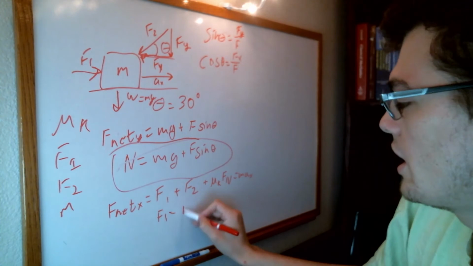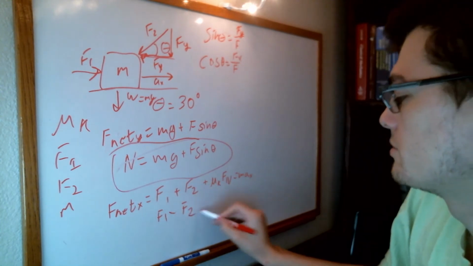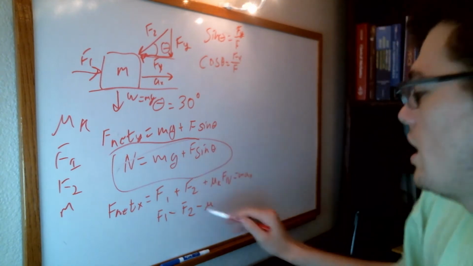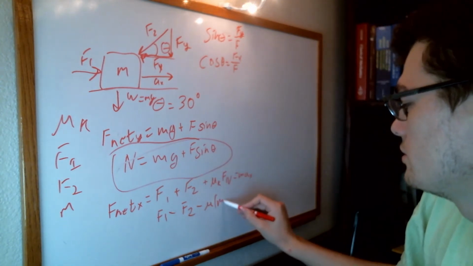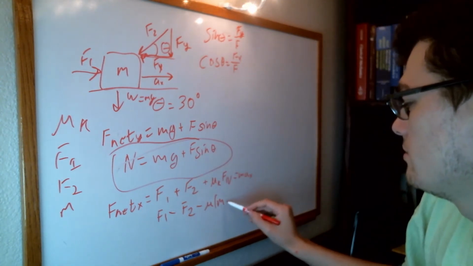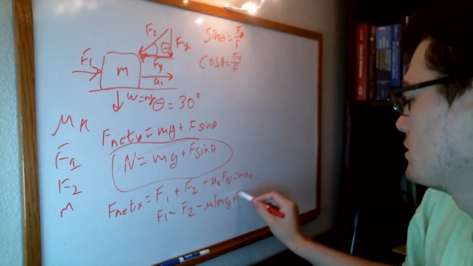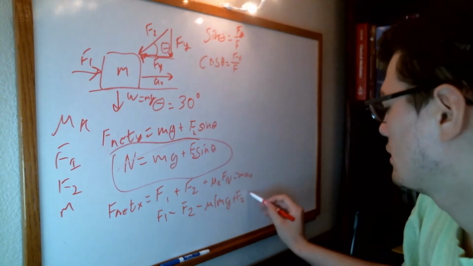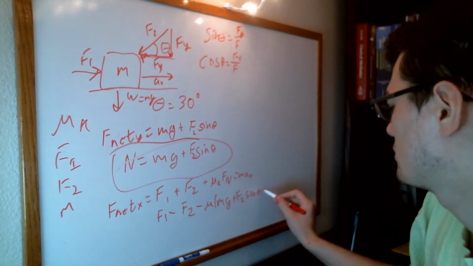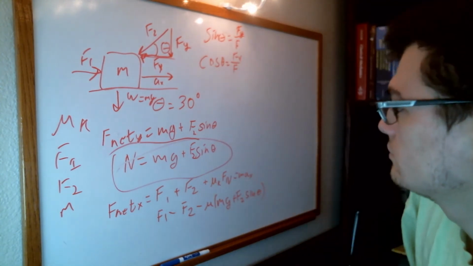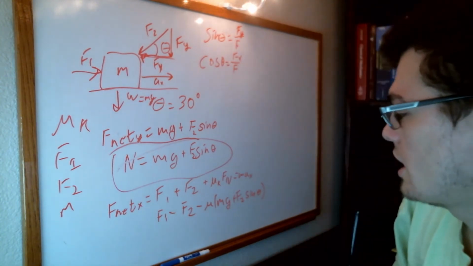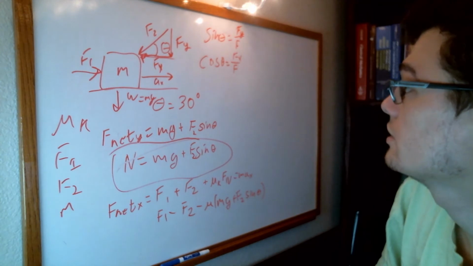So we know that F2 is going to be subtracted here, and so is mu k Fn, where Fn is going to be equal to mg plus F2 sine theta. And we also have to plug in what F2 is here.